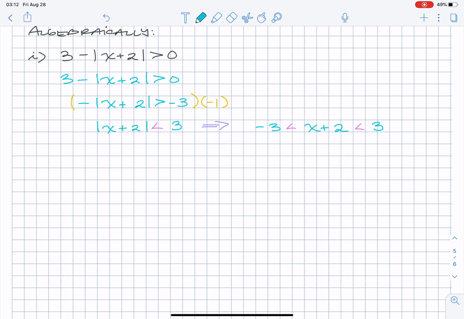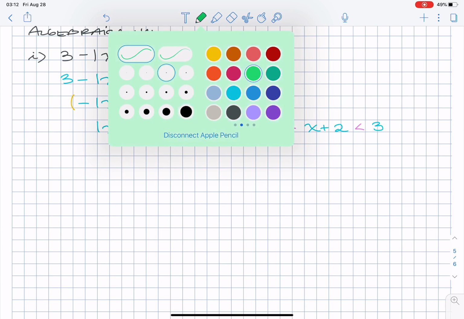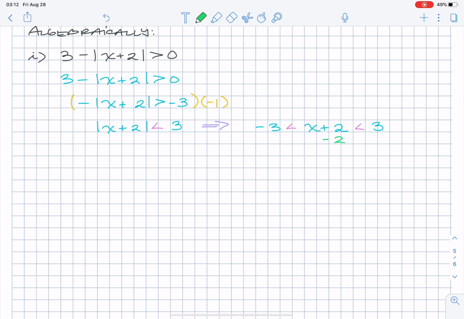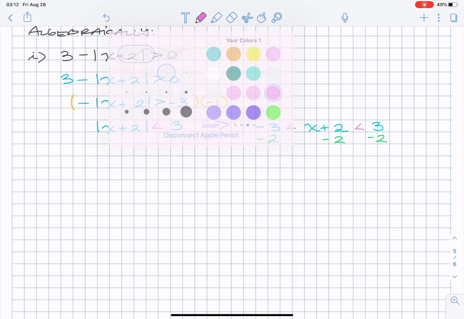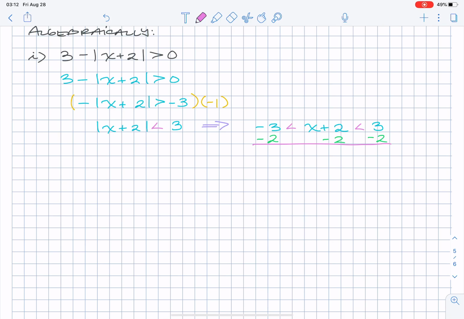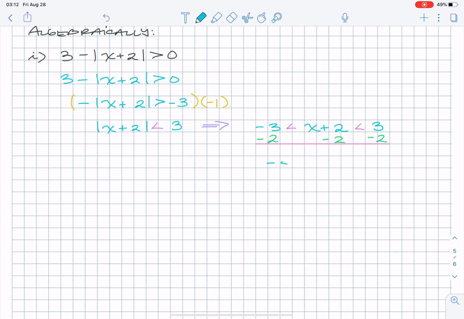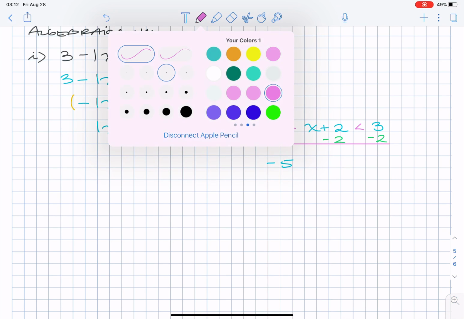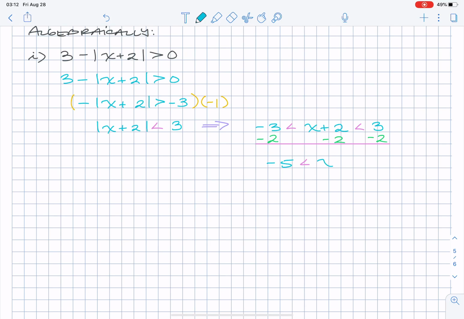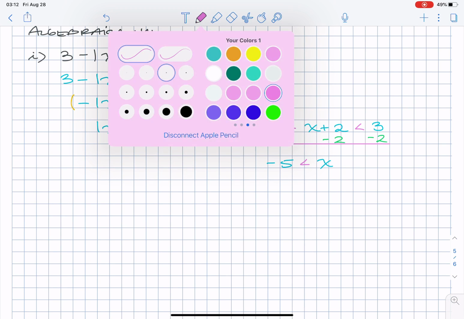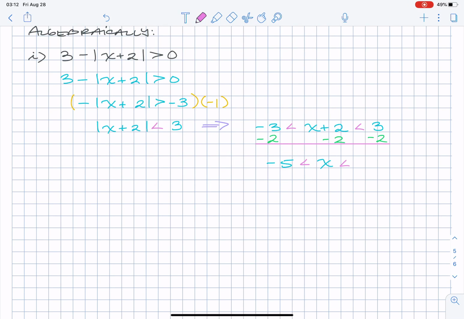So now we solve for x, meaning we subtract 2 from all three sides. So we get negative 5 is less than x, and x is less than 1. Okay, so less than means little.